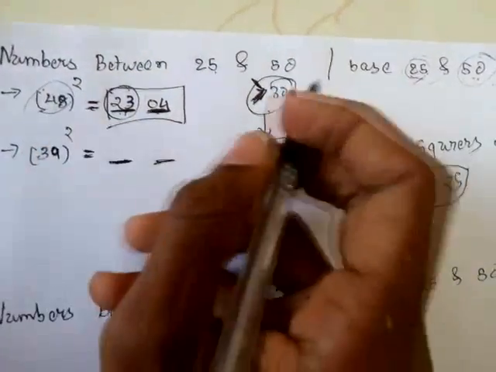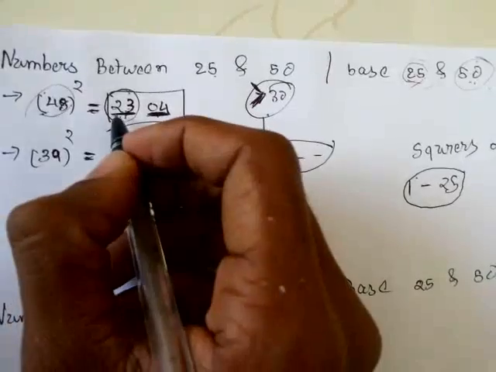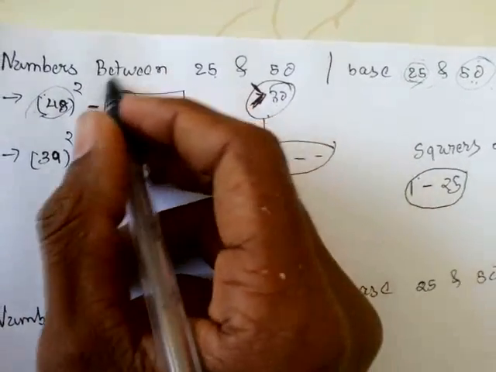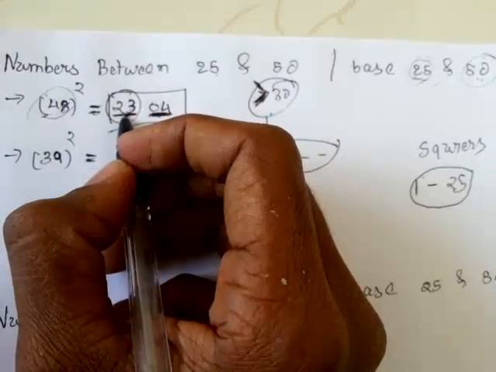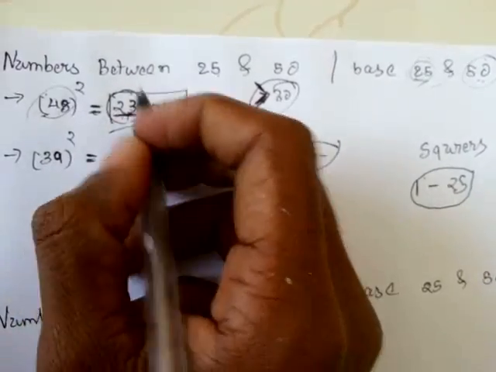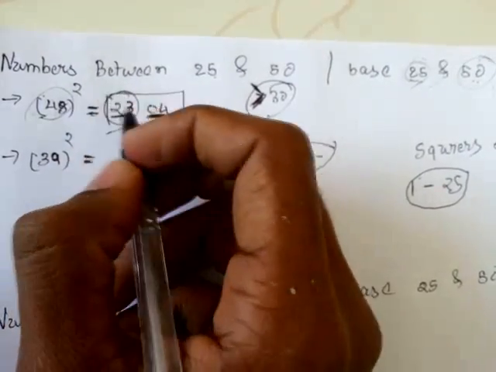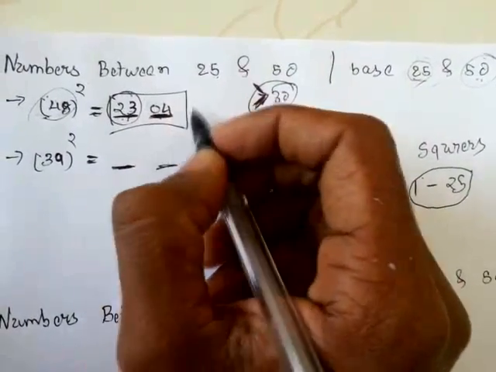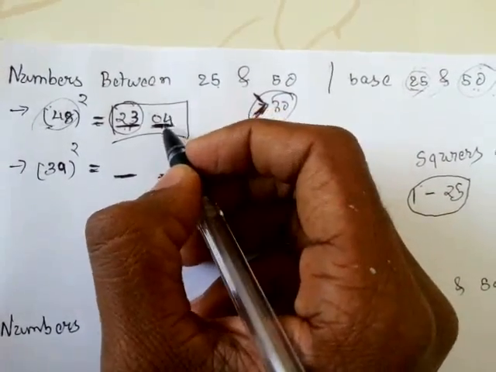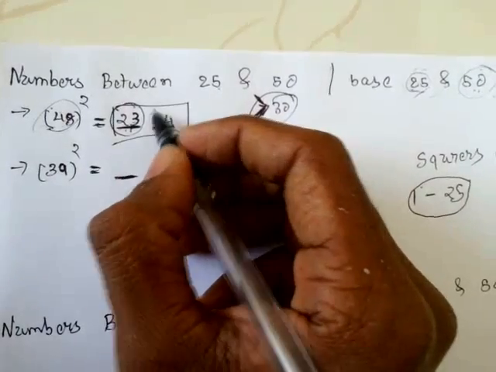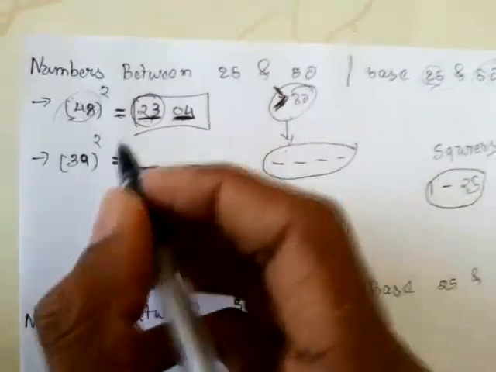So here 48 is greater than 30. So that's why we need to make sure the answer will be a 4-digit number. So for the first step we got 2 digits, but in the second step we got only 1 digit. So if you get a single digit in the second step, just put a 0 before it.